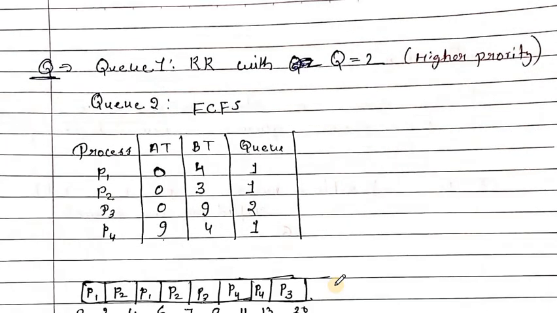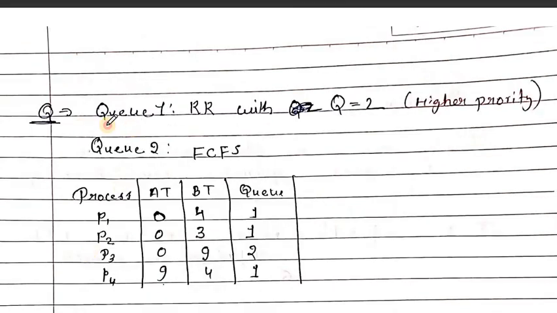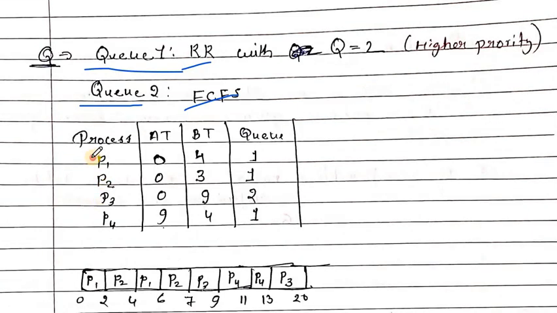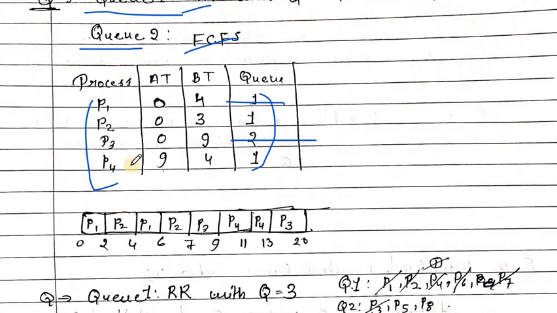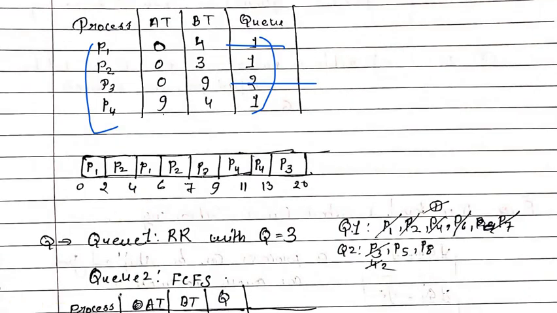Now here is an example. There are 2 queues. In the first queue round robin is followed, and in the second queue FCFS is followed. In the example there are 4 processes from queue 1 and queue 2. The first, high priority, is given to the round robin processes.